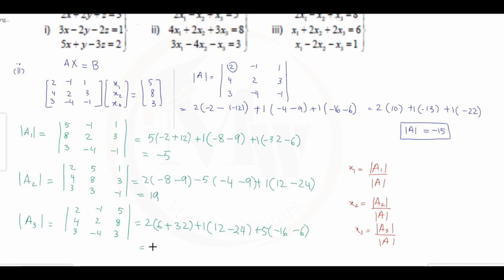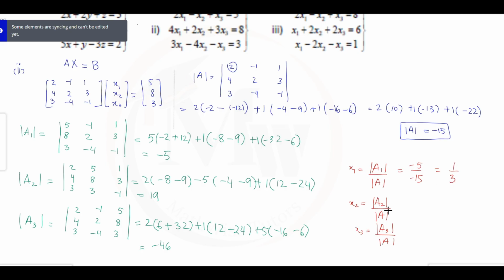After simplification it gave us 46. Now it's time to find the value of x1, x2 and x3. We will only plug the value of a1 or a. So a1 is 5 minus 5 and a determinant which is fixed for every minus 15, which after simplification is 1 by 3.